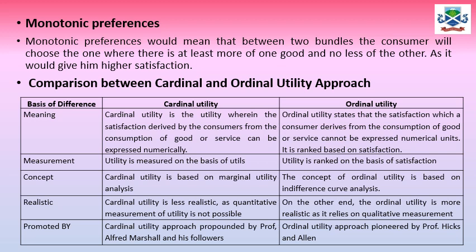Whereas if you say it is good, or bad, or poor, a rank of satisfaction, that is the realistic fact. That's what ordinal utility is saying, so it is more realistic.